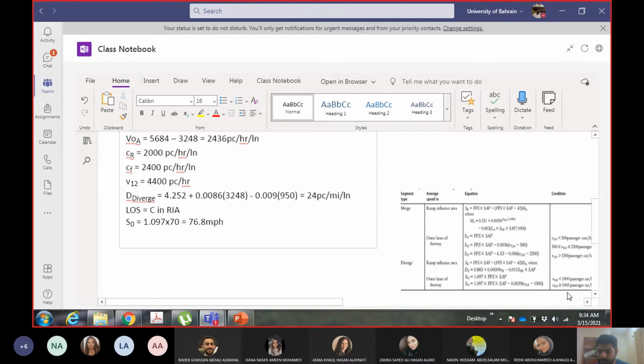If VOA is more than 1,000, which is the case in our scenario, we will not use that equation. We will be using the other equation.